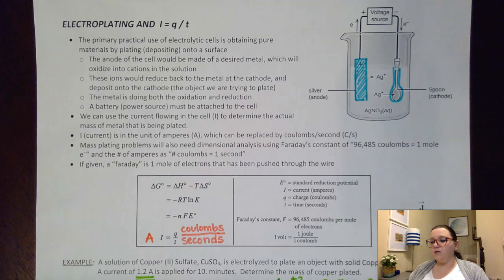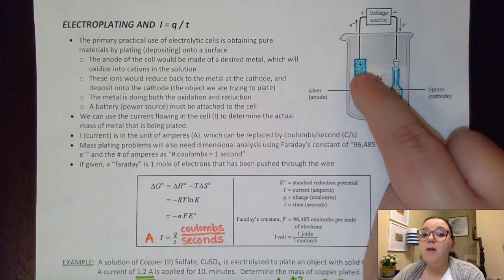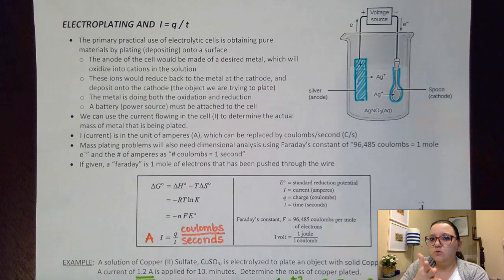Now, before I talk any more about this formula, I actually want to talk about the scenario where we usually use it, and that is with electroplating. Electroplating is the best practical use that we have of an electrolytic cell, of a non-spontaneous cell. And the way that it works is that I would have some piece of metal that I'm trying to use to plate something else.